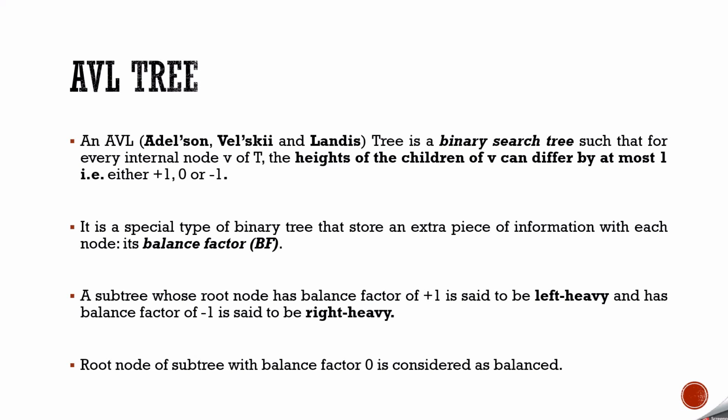To adjust the height of a tree, a tree is called an AVL tree if the height difference between its left child and right child does not differ by more than 1. It may be +1, it may be -1.